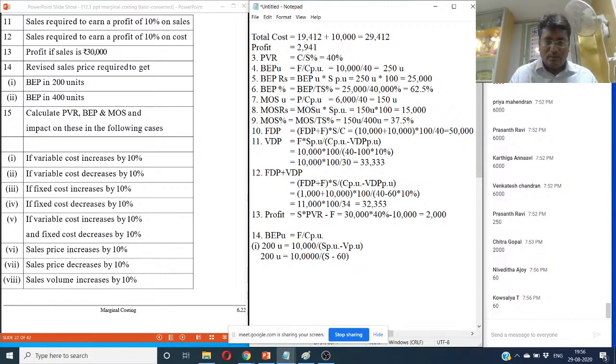So 10,000 is equal to, for solution, 200 multiplied with S minus 60 inside. Otherwise 200 S minus 12,000, right?